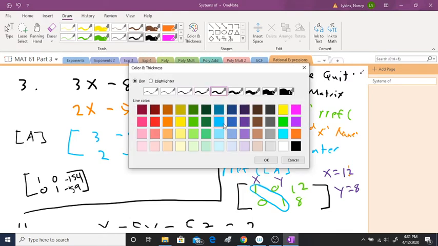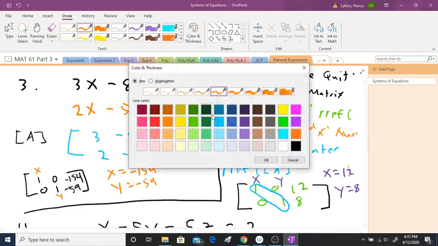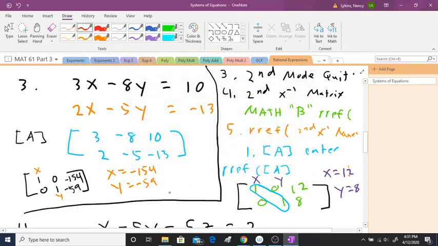So that means my first 1 is my X. This second one right here is my Y. So X equals -154. Y equals -59. If you are asked to put this in coordinate form, this would be -154, -59.